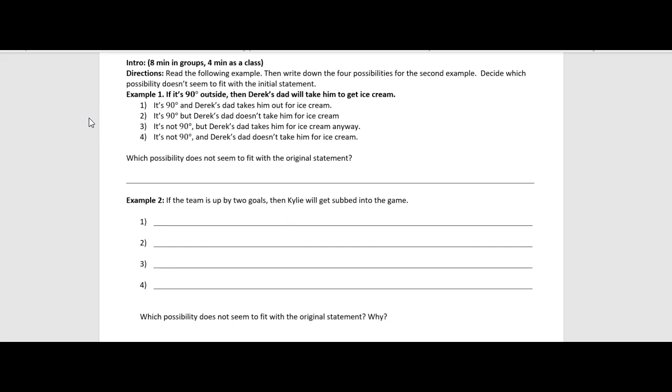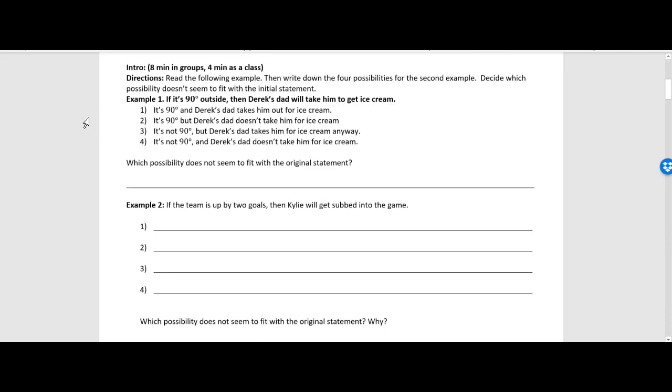So given the original statement, the one in bold, which of these other 4 statements seems to not fit with the original statement? We're going to assume that this first statement is true. So if this is true, which statement here doesn't quite seem to fit?